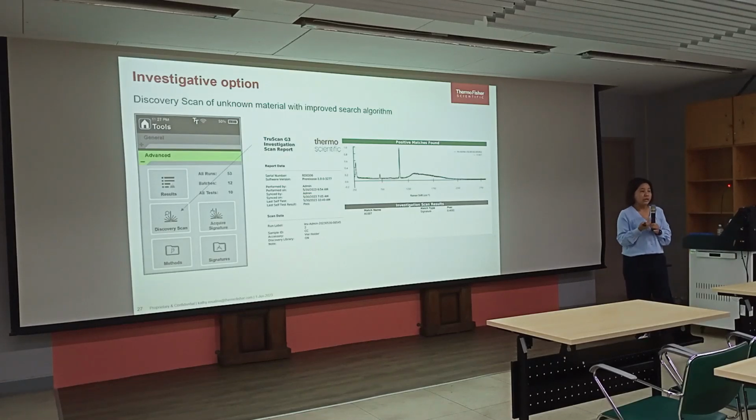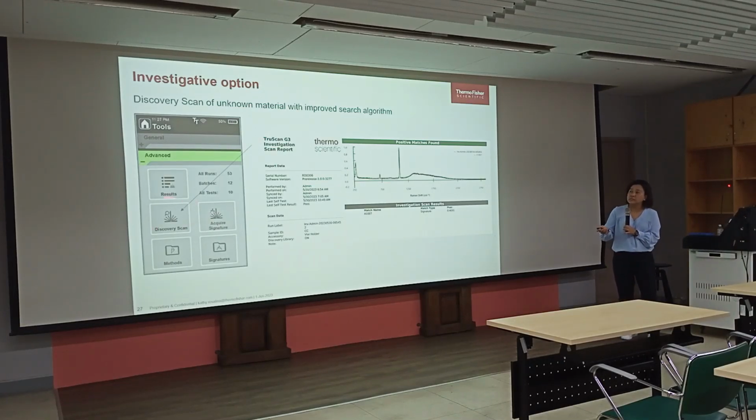But in pharma, you cannot just leave it or discard it, because maybe this is something poisonous, or you want to use it, maybe for the formulation. So you have to check what this material is.